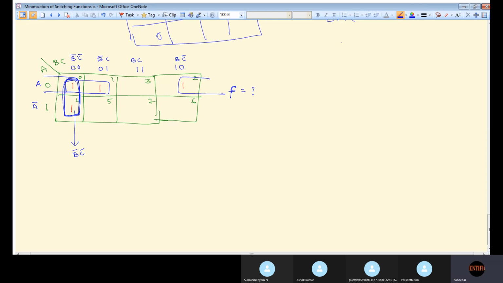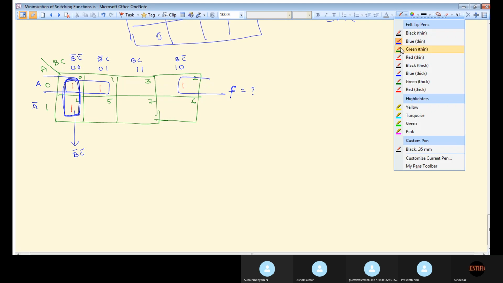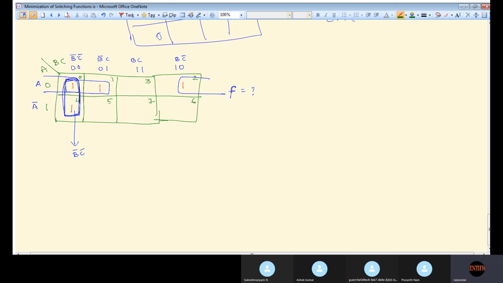For these two terms that are covered, how do you write? What is the equation for these two terms? A bar B bar, yes, A bar B bar. So why are you writing A bar B bar? They are in the column A bar.